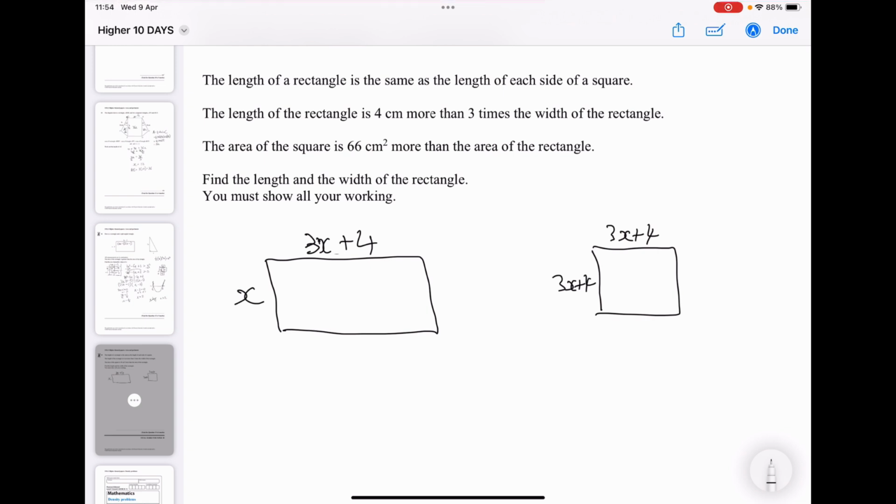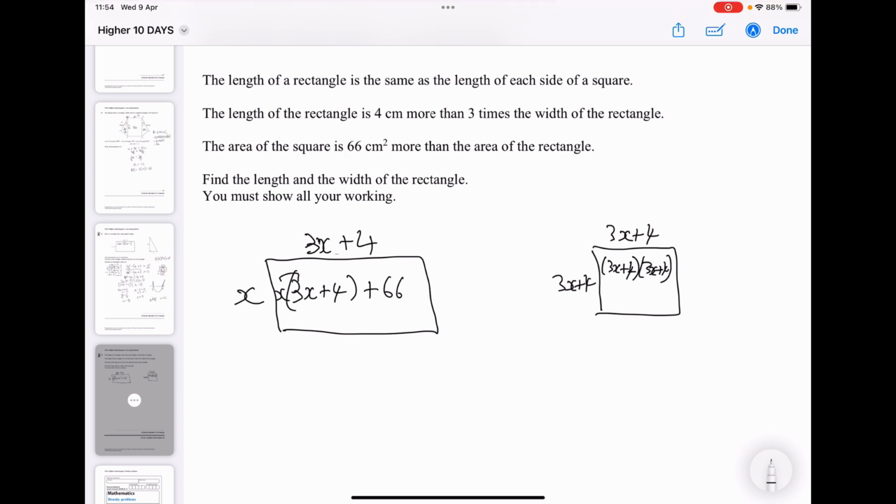So what I'm going to do is say that this area, 3x plus 4 times x, plus 66 equals the area of this one, which is 3x plus 4 times 3x plus 4. Good algebra here. So let's work this one out.